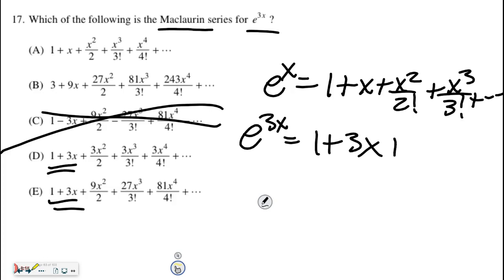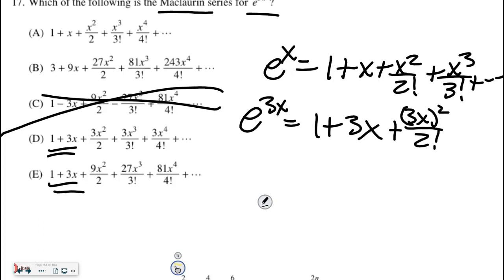So I need to do 3x quantity squared over 2 factorial. I'm getting E. Okay? Tempting to put D if you don't parenthesize the 3x. Careful with that. It's obviously not the other ones. What's letter A? E. Right? This is our answer with an alternator, but it should be E.